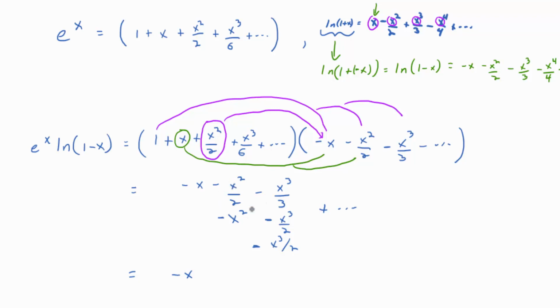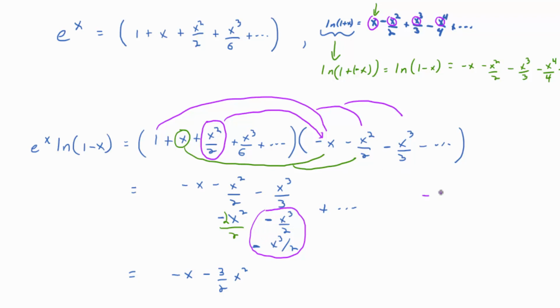What do I get when I combine negative x squared over 2 and minus x squared? You can think of it as minus 2x squared over 2. So minus 3/2 x squared. You guys buy that? And then, okay, here's a good way to do this one. These guys combine together to be just minus x cubed, right?